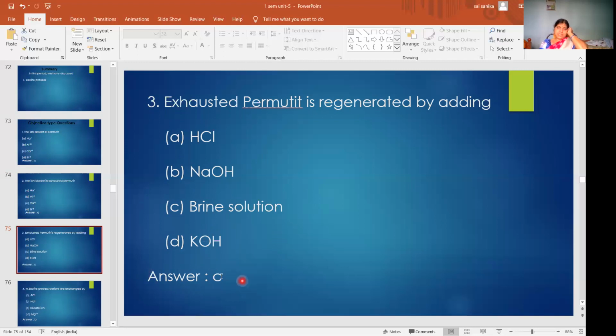Answer is C. They can also give 10% NaCl solution, which is also correct because 10% NaCl solution is brine solution only. So exhausted permutit is regenerated by adding brine solution. The answer is C.